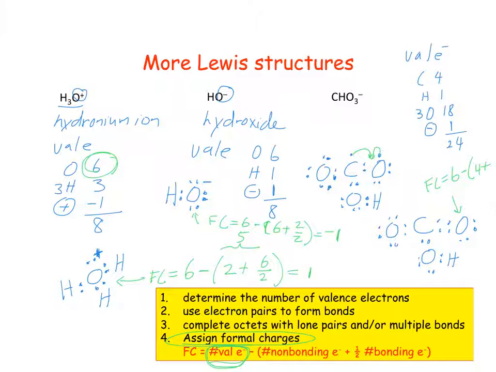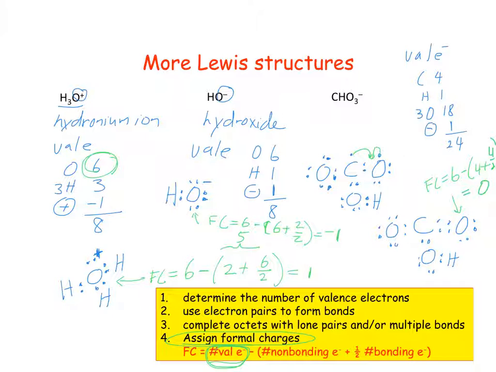So we're going to add in half of that, 4 halves. So this is going to equal 6 minus 4 plus 2, which is 6, so 0. This oxygen is neutral. That one doesn't hold the minus charge.